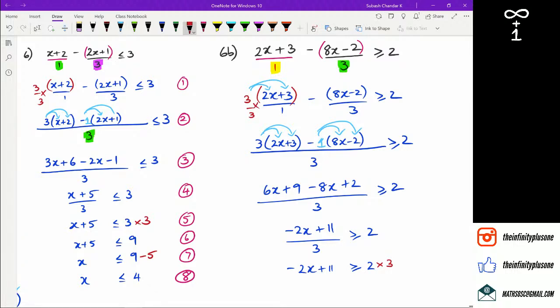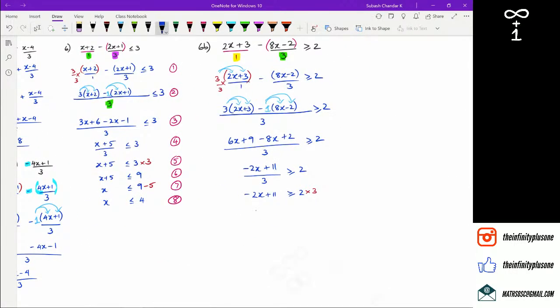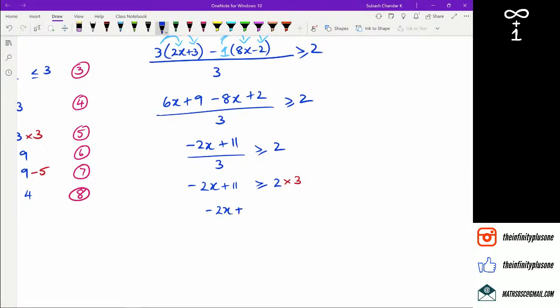So negative 2x plus 11 is greater than or equal to 6. And then negative 2x is greater than or equal to 6, and because 11 is coming to this side, it's going to become minus 11. And I've got negative 2x greater than or equal to negative 5.